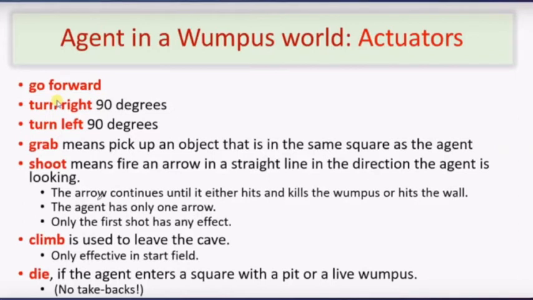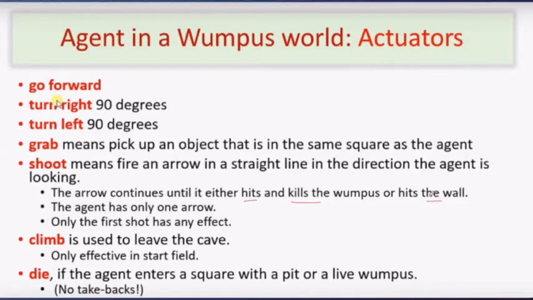So there is only one arrow, and it stays with the agent until it is fired, and then it either kills the Wumpus or hits the wall.